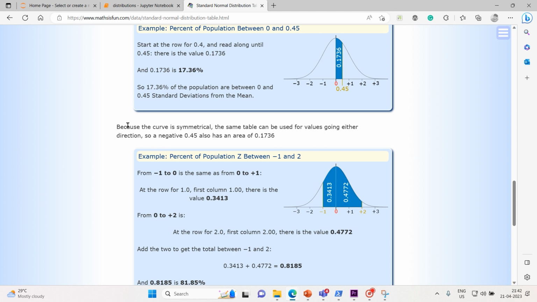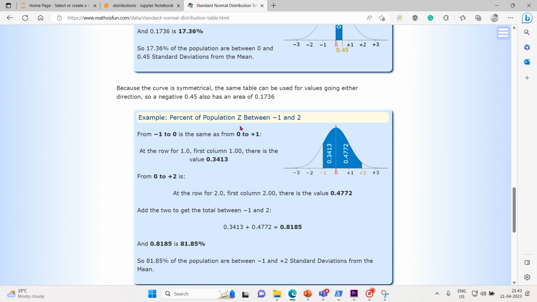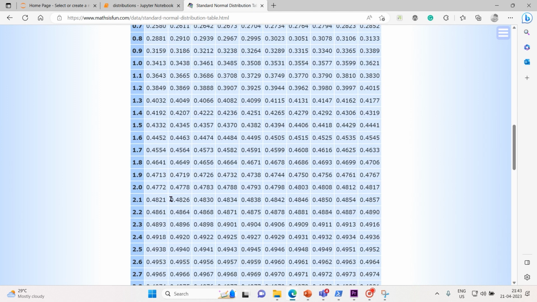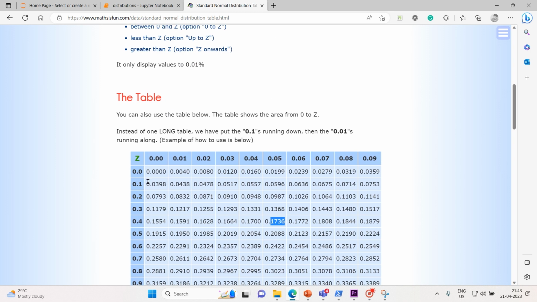And a second example: because the curve is symmetrical, the same table can be used for values along either direction. So negative 0.45 also, even if you want to go from 0 to negative 0.45, the value would be the same. It won't change. That's how you can use these values.